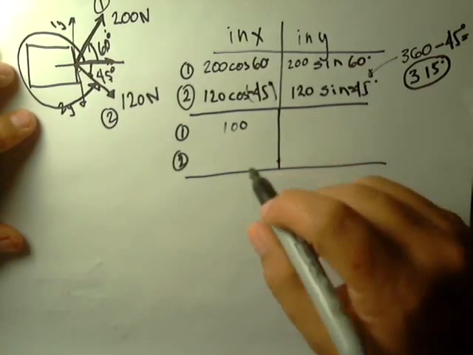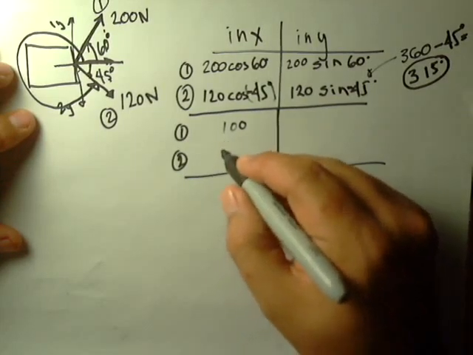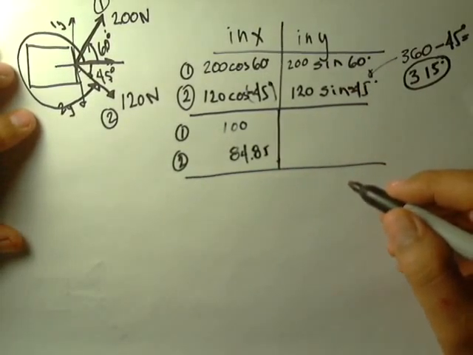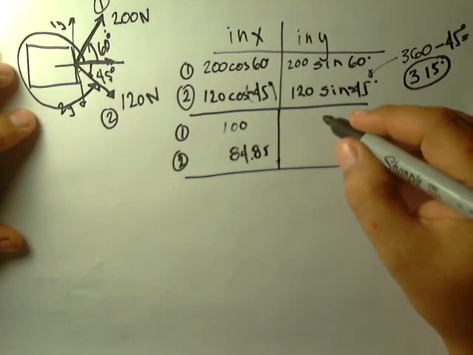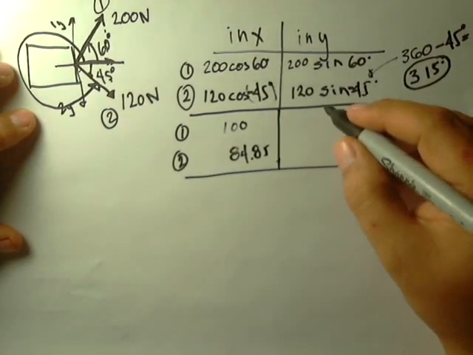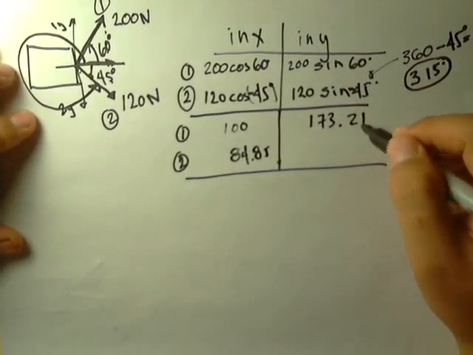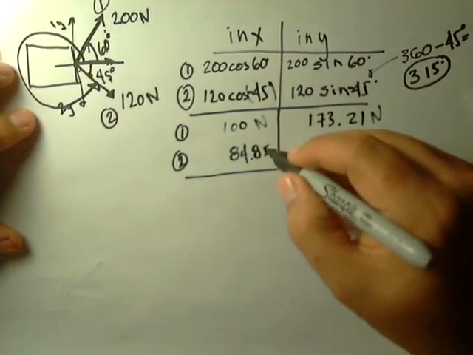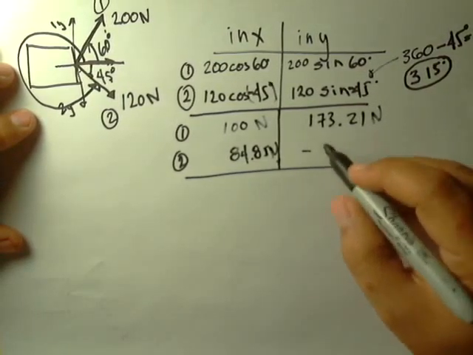Now let's see. For this vector over here, we have 84.85. That's for x, right? And for this one, we will get 173.21. Newtons, of course. And for this one, negative.